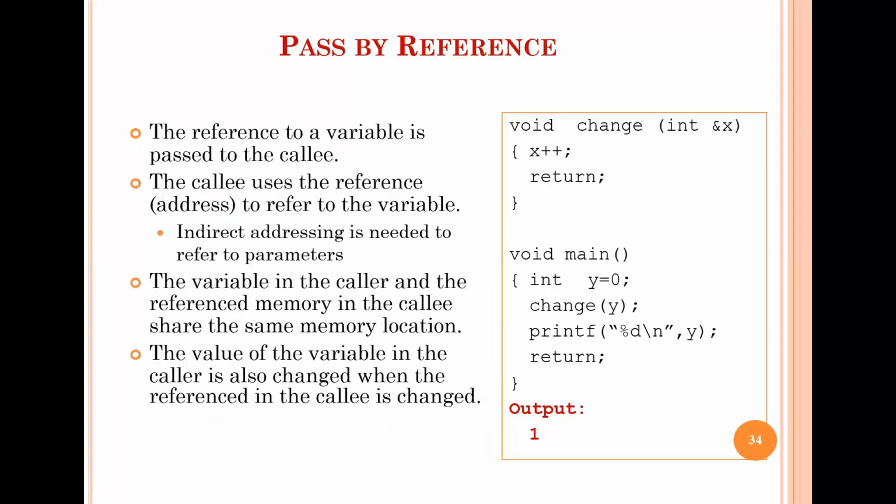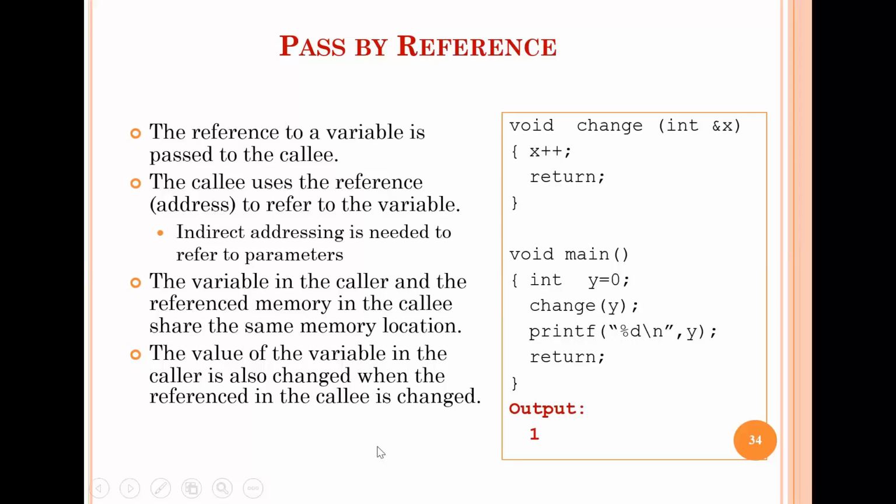In call by reference, the value is not passed, the reference is passed. A reference to a variable is passed to the callee. The callee uses the reference to refer to the variable. Indirect addressing is needed to refer to the parameters. The variable in the caller and the reference in the callee share the same memory location.